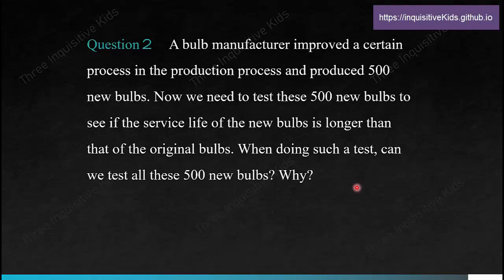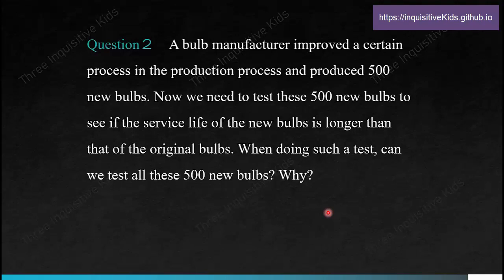So let me first explain this question a little bit before you do it on your own. There's a bulb manufacturer, like one of those light bulbs you would use in a lamp, for example, who improved the process of manufacturing the bulbs in the factory. And using that new process, he produced 500 new bulbs. Now we need to test these 500 new bulbs to see if the service life of these new bulbs is longer than that of the original bulb. Say the service life of the original bulb is 5 minutes. Geez, that is a really bad bulb.